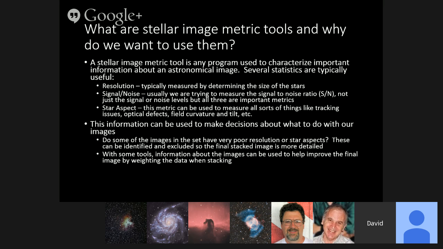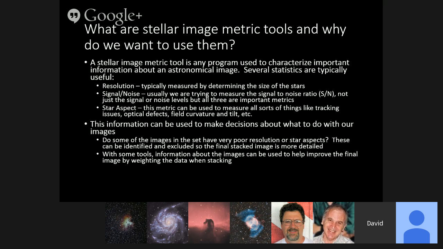Okay. So the first question you might ask is, what are stellar image metric tools, and why do we want to use them? They're pretty straightforward. They're just programs designed to characterize important information about an astronomical image. There are several statistics that are typically useful and that you see used in these programs.